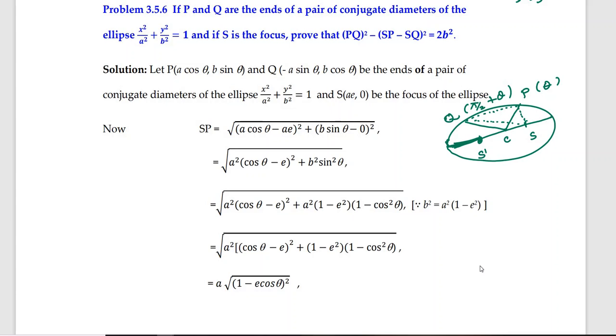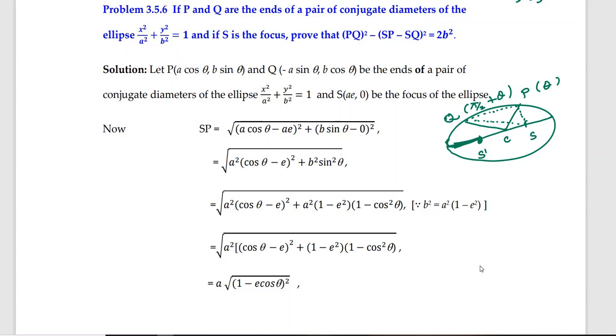Then in this take A square, A will come out as A square, because we have the square over here, and cos theta minus E the whole square plus B square sin square theta. Now this is retained as such. This B square is replaced by A square into 1 minus E square in the case of an ellipse. Then in both A square is common, so taking that out, this is what we get.